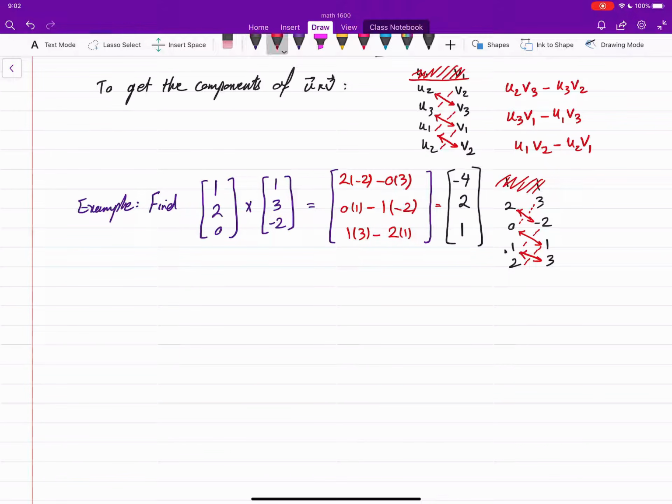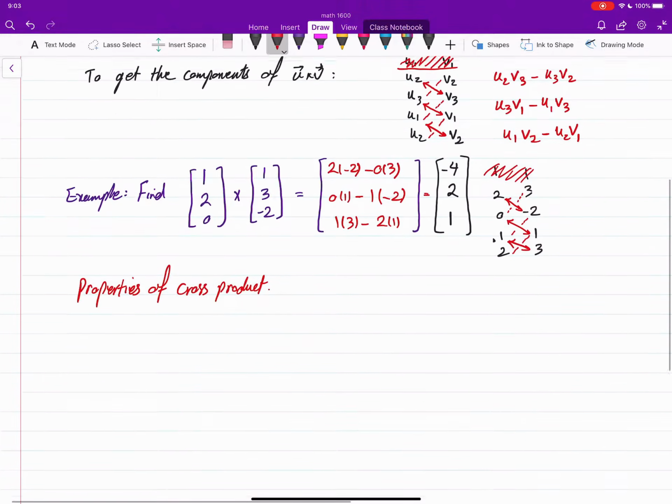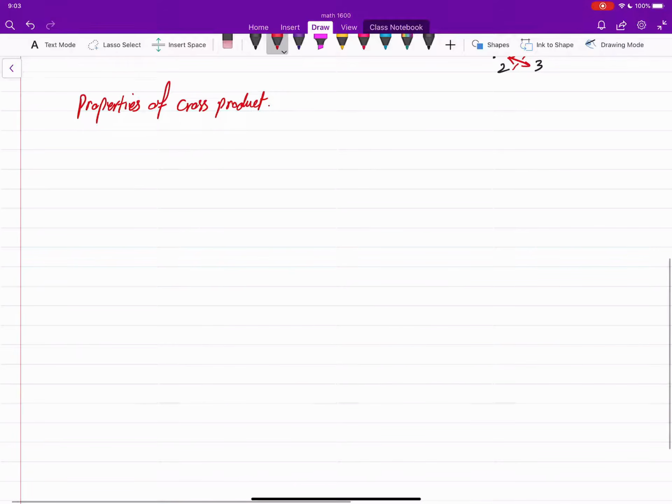So let me start with the properties of the cross product. These properties can all be proven using the component definition.